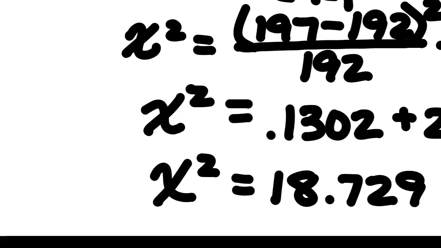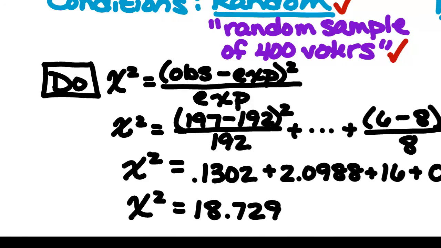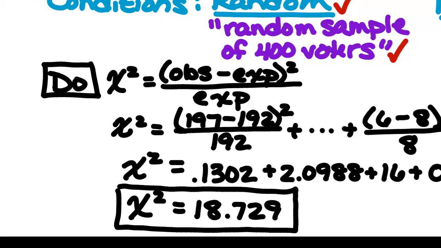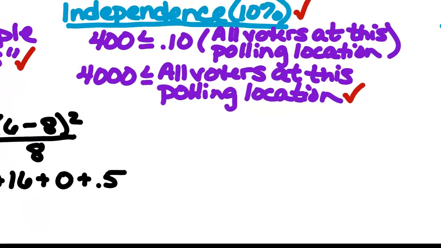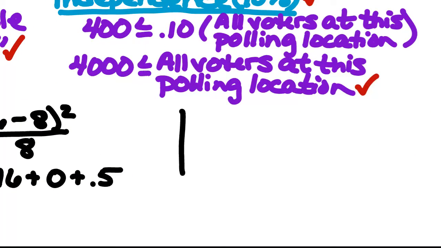You do not have to take it out to 4 decimal places. I did, so that you guys can see this and compare. Take it out at least to 2 decimal places or 2 values after any leading zeros. So there's my chi-square. I need my picture and my p-value yet.